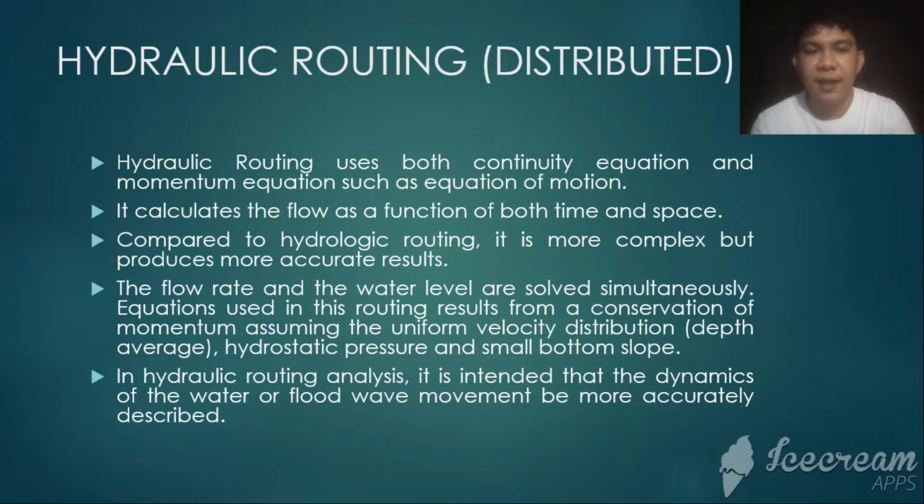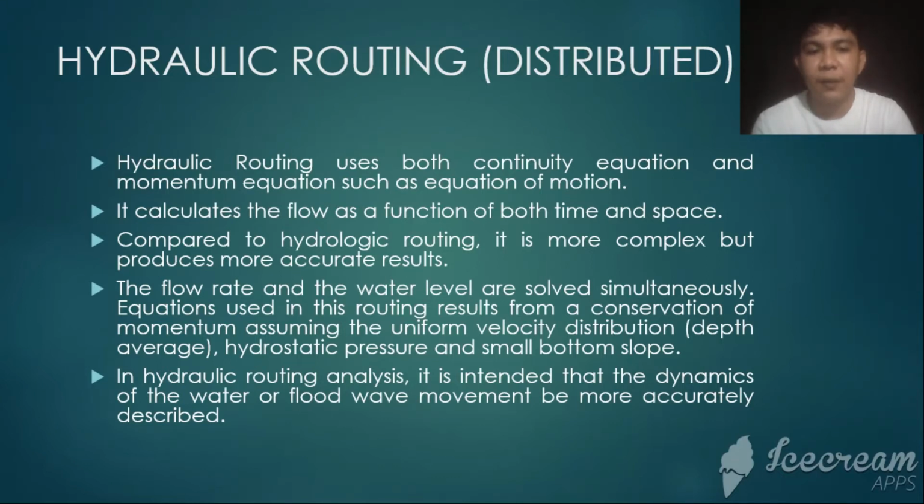First is the hydraulic routing, or distributed flow routing. Hydraulic routing uses both the continuity equation and momentum equations such as the equation of motion. It calculates the flow as a function of both time and space. It is more complex but produces more accurate results.